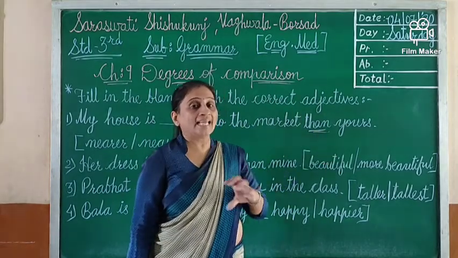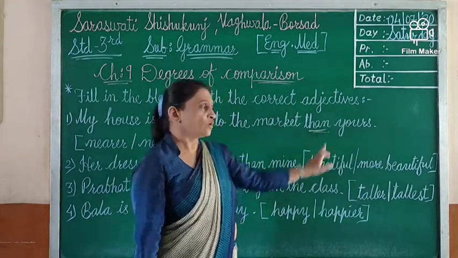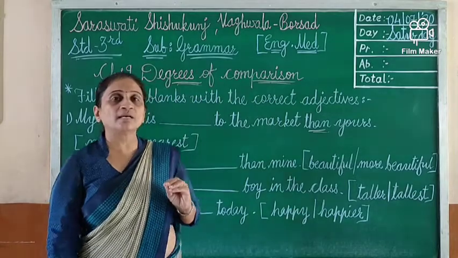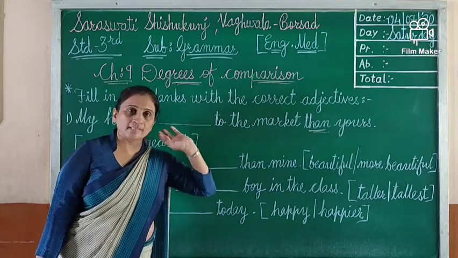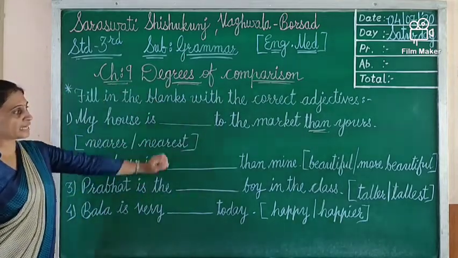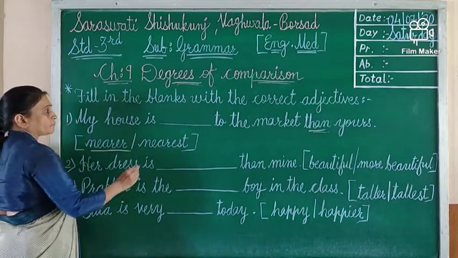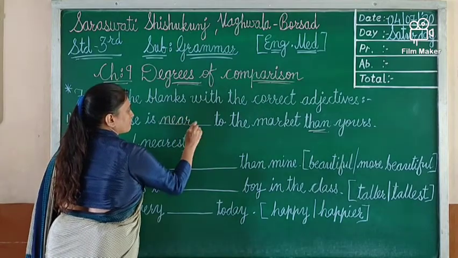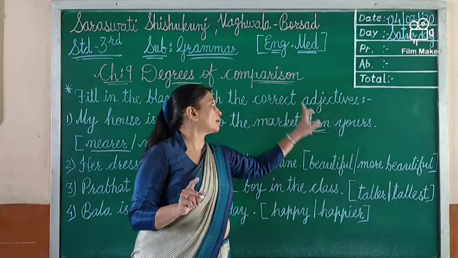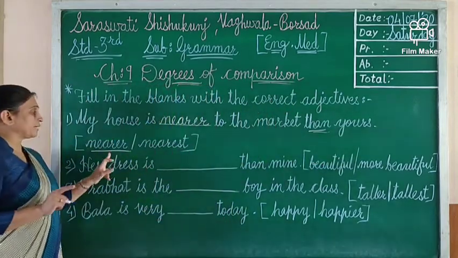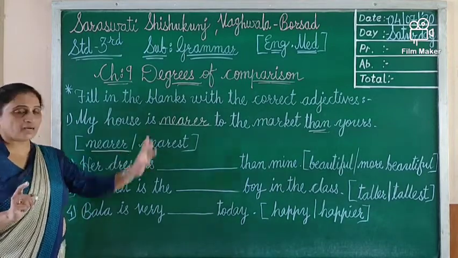Always when you are adding ER, the word than will definitely be there. When than comes, definitely you will write the ER answer, because the answer is comparison degree. So the answer will be nearer. When there is a than word, you are doing comparison, so at that time you use ER, the comparative degree word. So nearer will come.